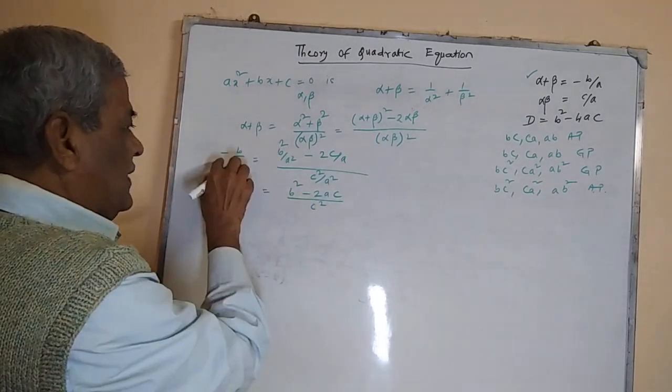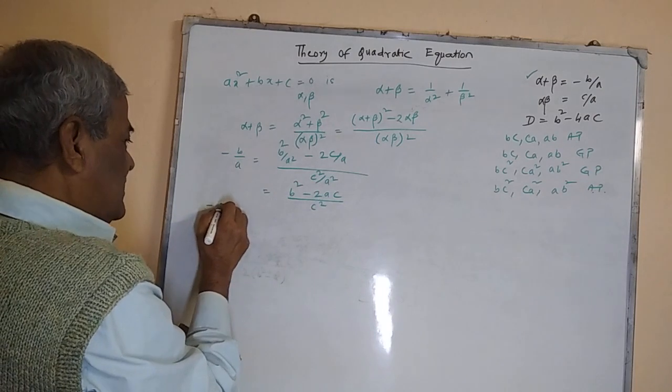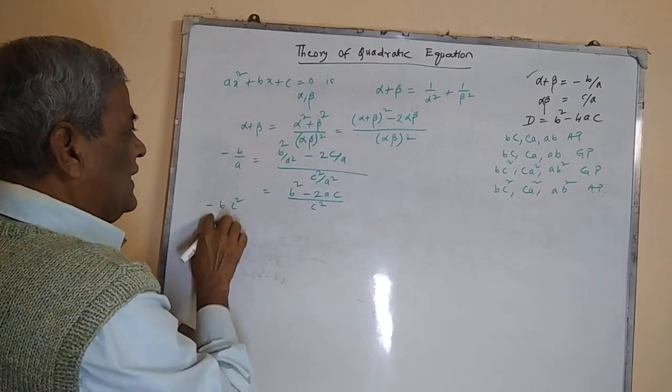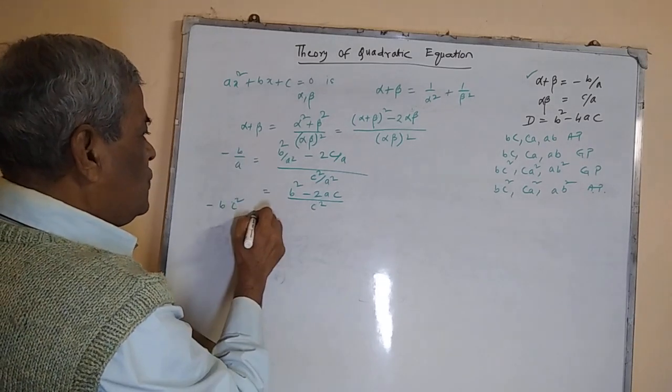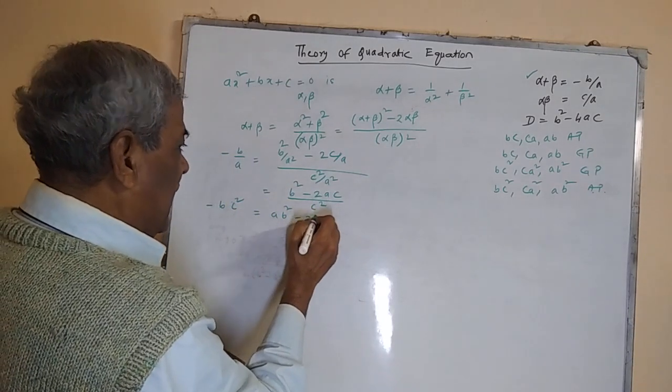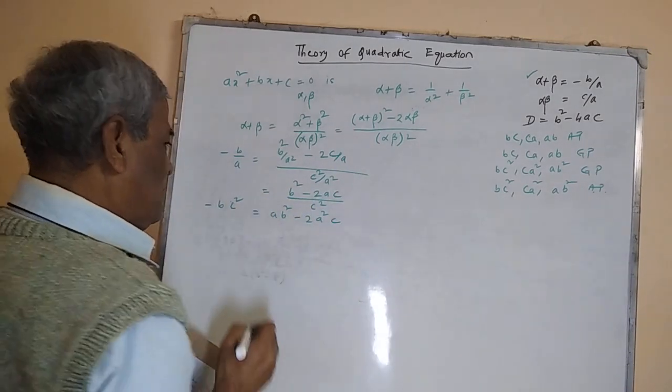Now cross multiply this with that. So minus bc square is equal to ab square minus twice a square c.